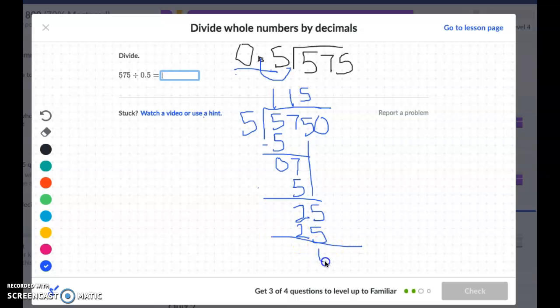Subtract, and I get 0, and bring down my last 0. 5 fits into 0, 0 times. 0 times 5 is 0. Subtract, and I get 0, and there's nothing left to bring down, so I know that I'm done. So my answer is 1,150.